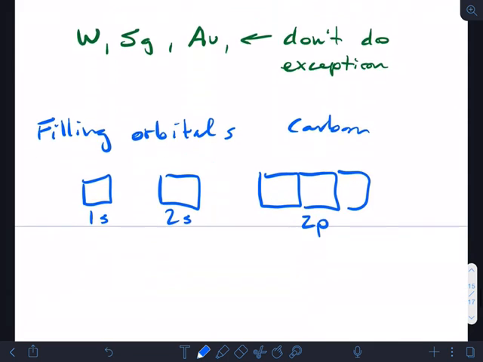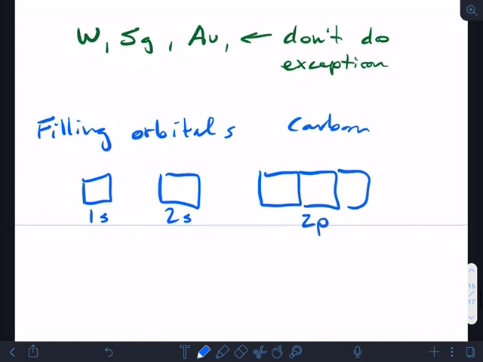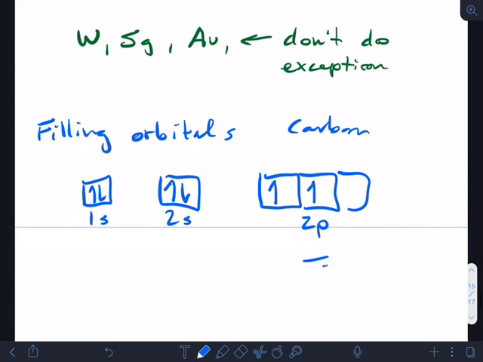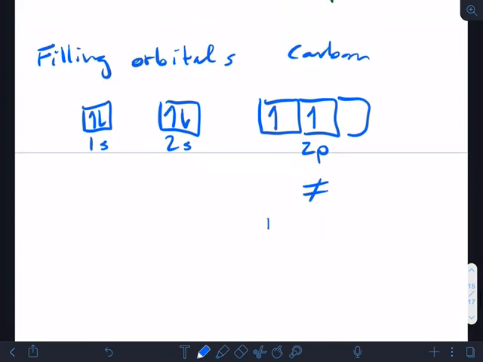So if I have, let's say, carbon, I'm going to put one electron at a time, and they're going to be opposite spins, right? So, because the Pauli exclusion principle says that no two electrons can have the same 4 quantum numbers. So, I've got to have a plus a half and a minus a half. One spin up, one spin down, okay? One spin up, spin down, and then we have spin up, spin up.